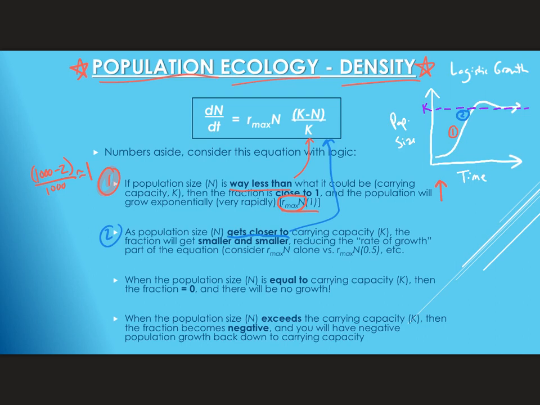Now what that's going to do when multiplied against our r max is going to slow that rate. So as n approaches k, our growth is going to get slower and slower. And so we should start to see growth, but we're going to slow down the slope of that line.